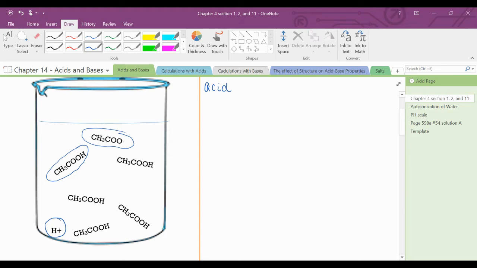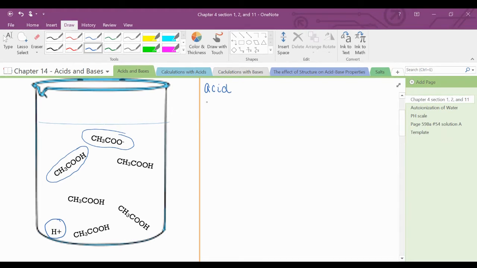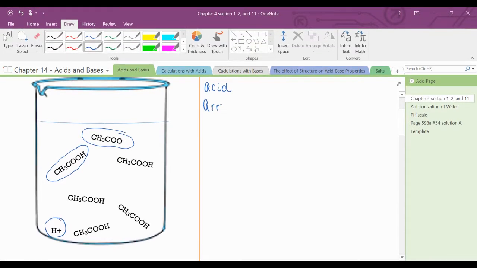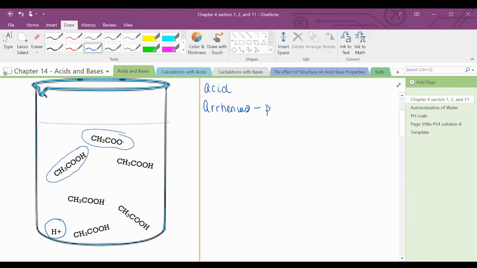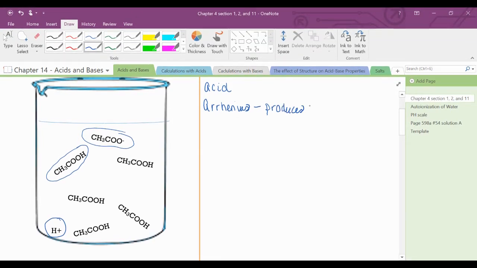Now, there are several definitions of an acid. One definition would be the Arrhenius definition. And basically, the Arrhenius definition says that it's a substance that produces hydrogen ions. So that would be one way to define this. And the way we prove that something is an acid or a base is by writing its dissociation equation.